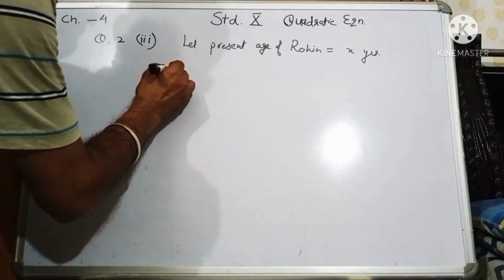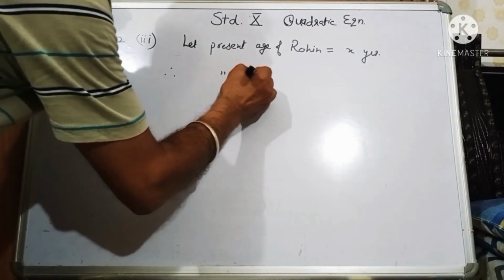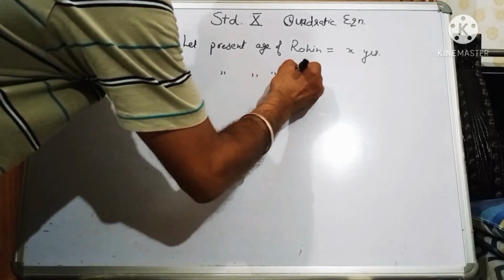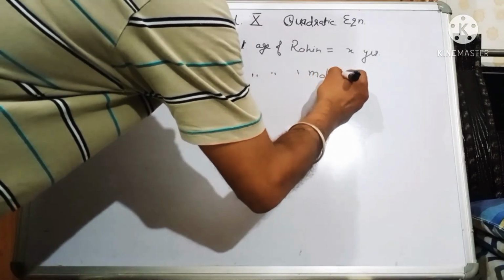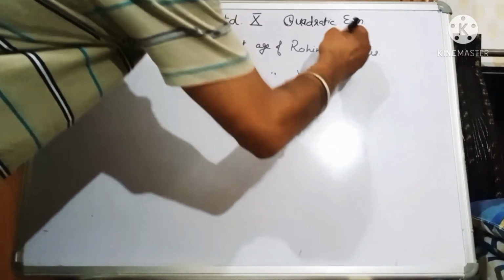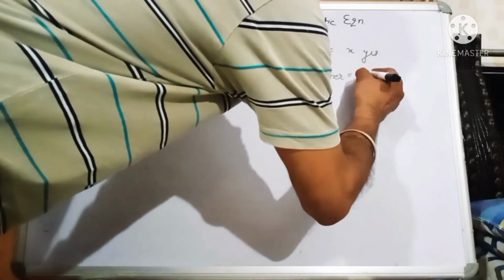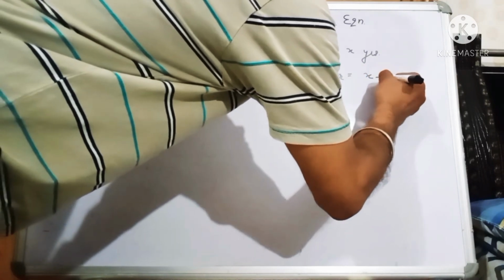Therefore, the present age of Rohan's mother, as she is 26 years older than him, will be x plus 26 years.